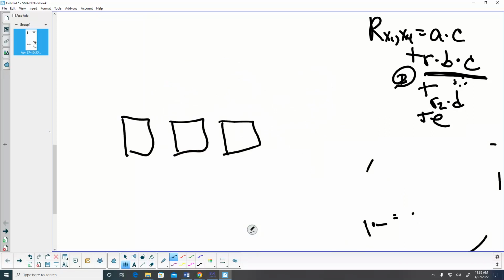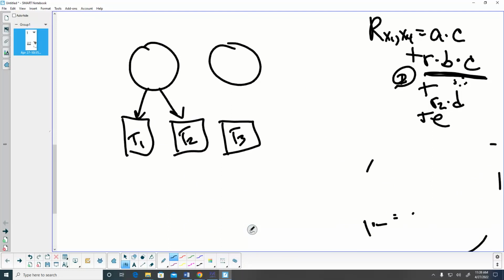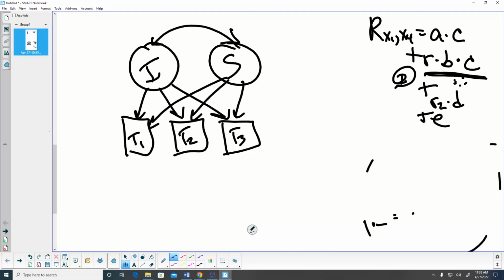Let's just say we've got, say this is intercept and this is slope. Okay, here we go, intercept and slope. Make a little variance things there. Right, okay, so there we go.